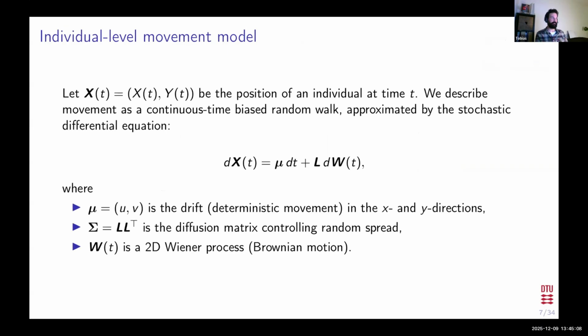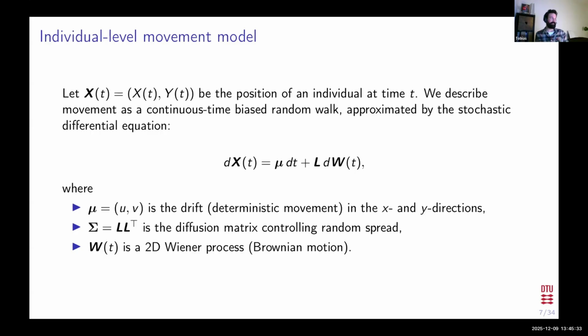And if you then think about how to model that, after Jim's great talk, we are experts in advection diffusion models. But if we stick to the individual level first, then we could describe the movement in space over time by a continuous time biased random walk, which can be approximated by this stochastic differential equation, which contains a deterministic movement part in x and y directions, and then some random noise with a Wiener process and the diffusion matrix controlling the random spread.